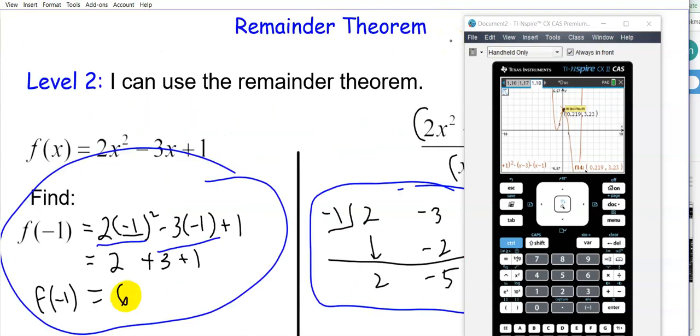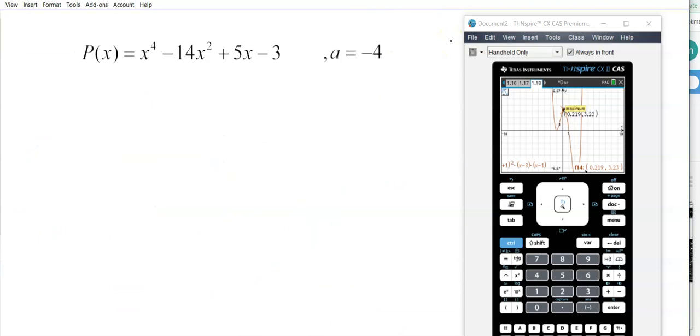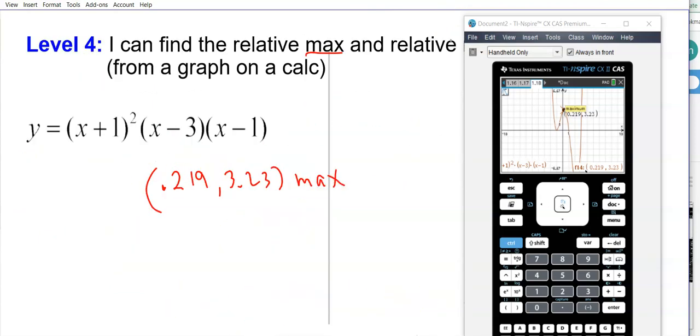If you scroll left, there you go. I mean, when you're in trace mode here. So that's at -1, 0, is a min or a relative min of the graph.